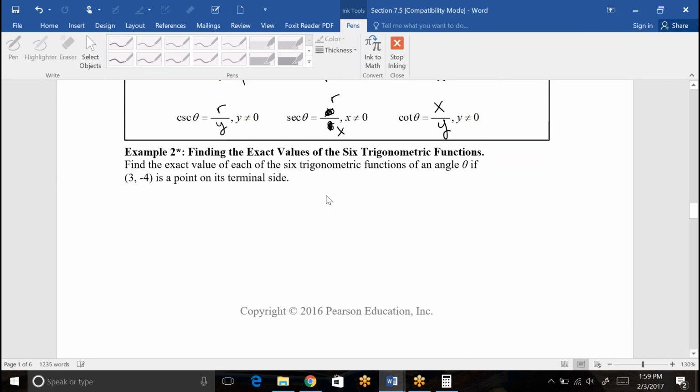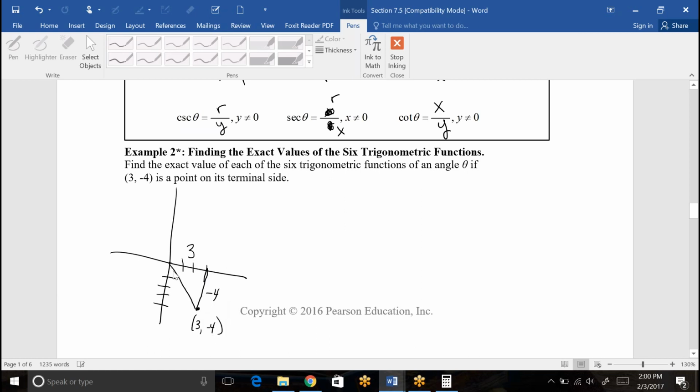All right, finding the exact value of the 6 trig functions now that we know these ratios. So if we have an angle theta and we know that we have a point (3, -4), so 1, 2, 3, down 1, 2, 3, 4. Here's my point. That means that can be turned into a triangle. Notice that it has positive 3 and negative 4 as the x and the y. Those are the lengths of those sides.